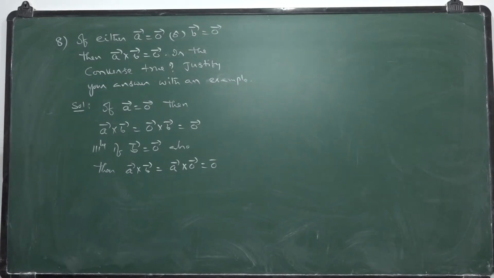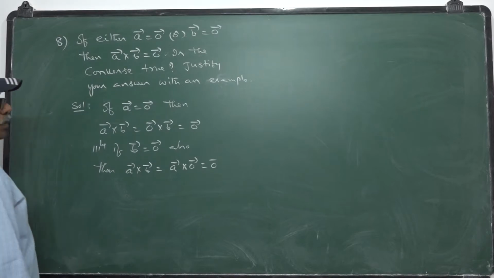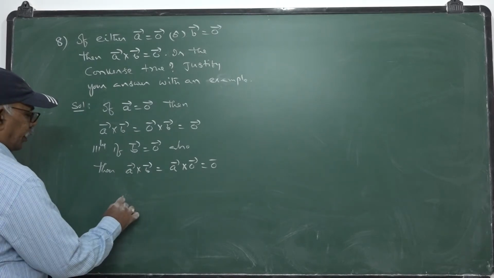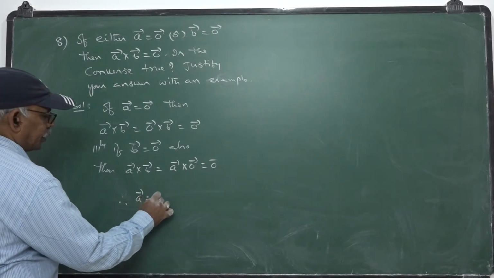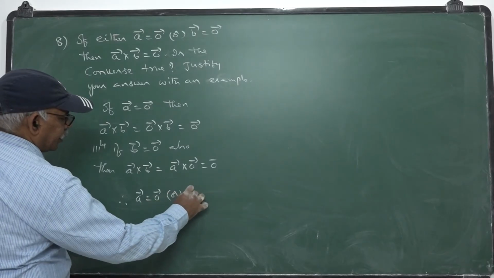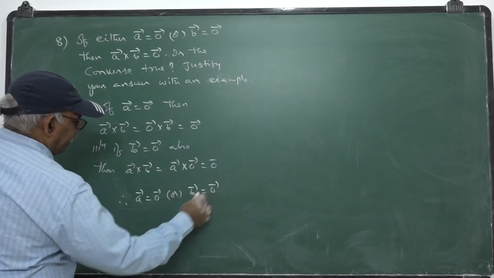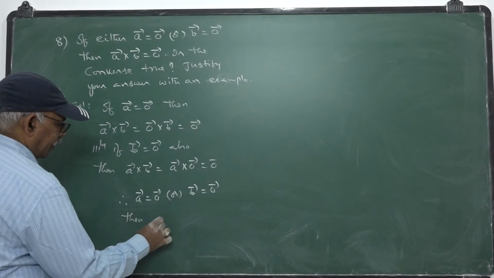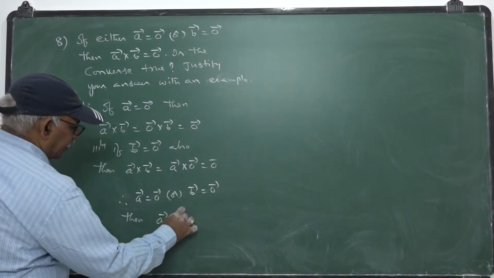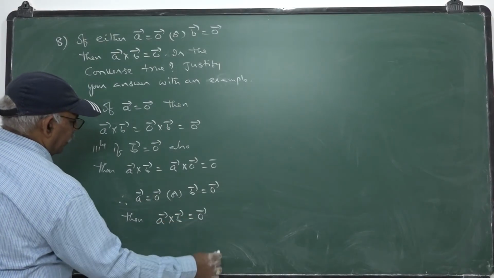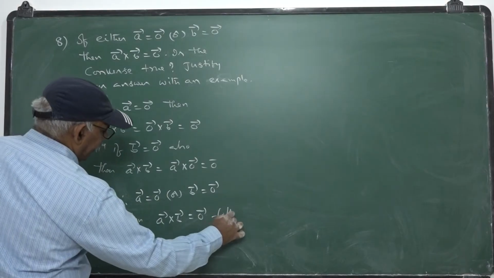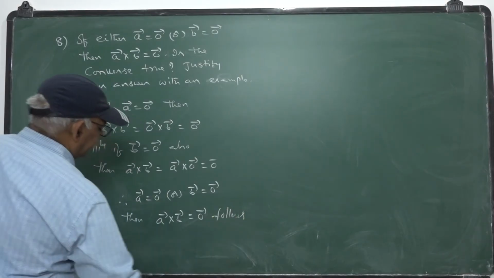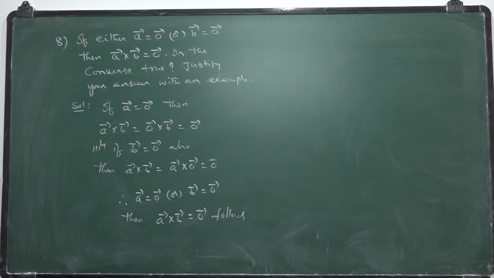In both the cases, once A bar is 0 or B bar is 0, certainly A bar cross B bar is 0 bar. Therefore, if either A bar is 0 bar or B bar is 0 bar, then A bar cross B bar is 0 bar itself. This is clear. But the converse.